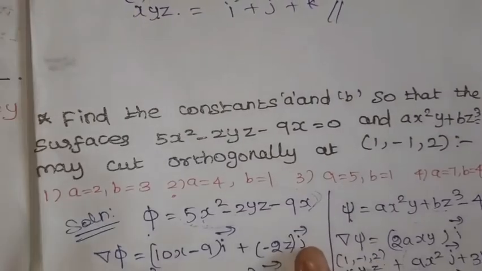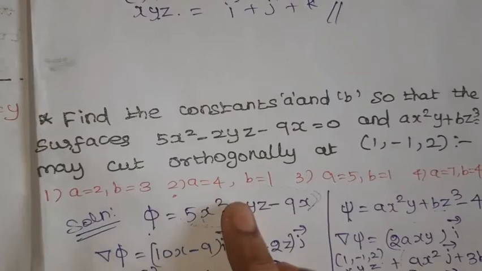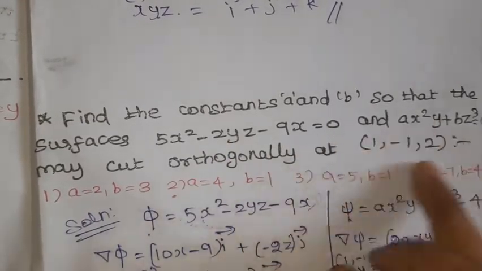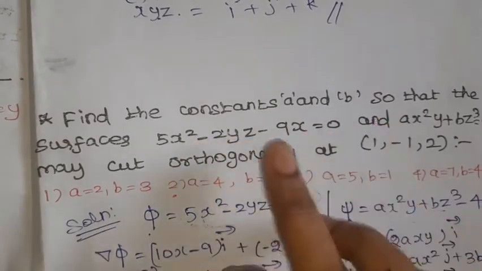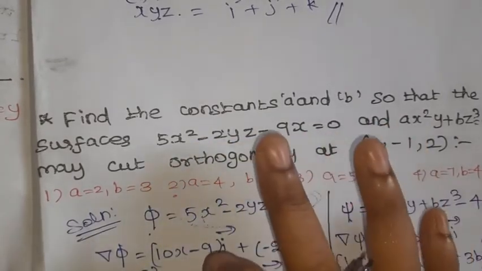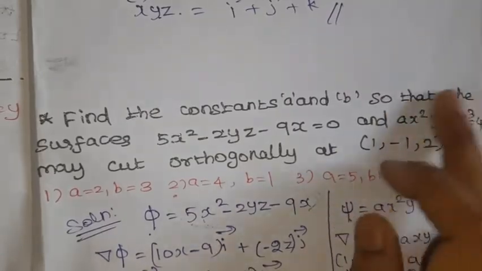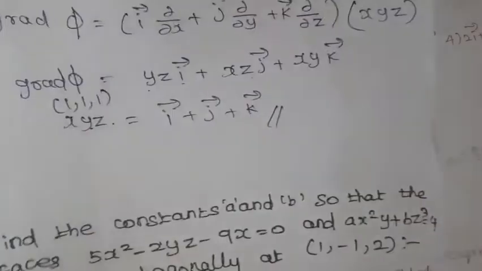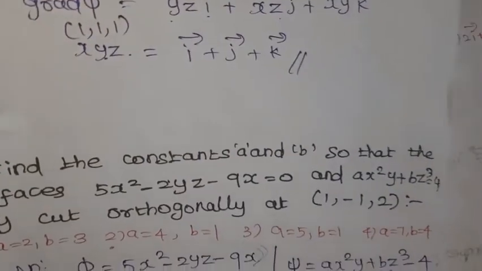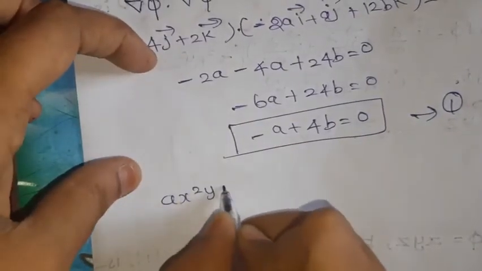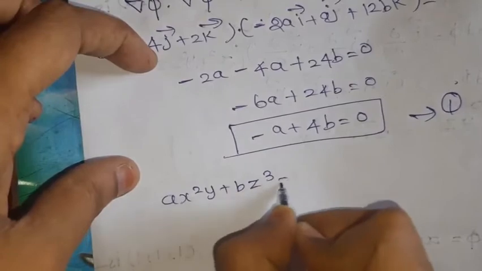Since this point is a point of intersection of these two surfaces, it lies on this surface. So take ax squared y plus bz cube equal to 4.